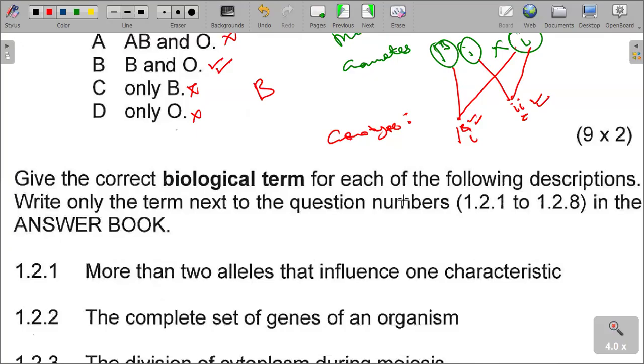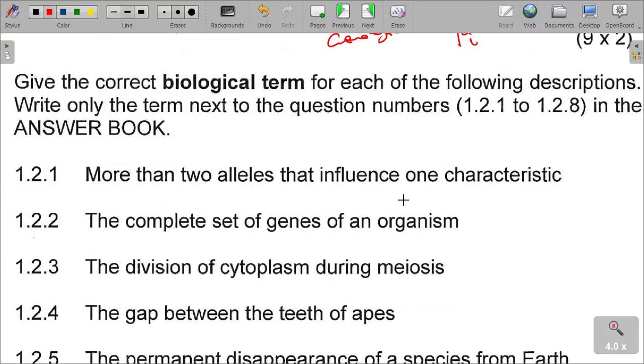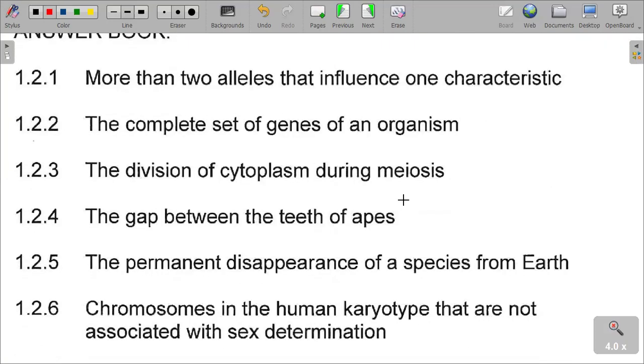Let's go quickly to question 2.1.1. Give the biological term for more than one allele that influences one characteristic. This is called multiple alleles.